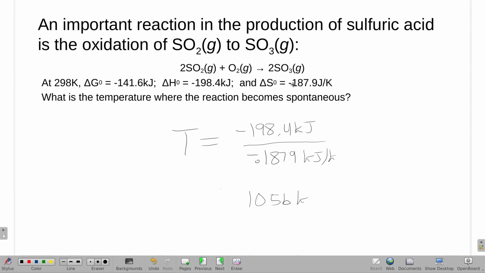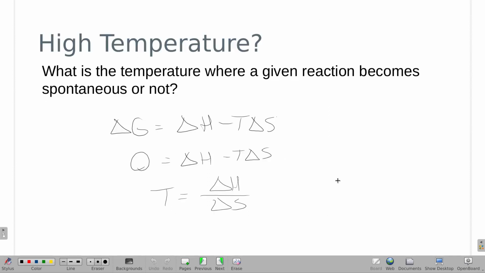Since this is negative and negative, any temperature from 0 Kelvin to 1056 is spontaneous. Anything above that is non-spontaneous, which is kind of weird. High temperature in this case is about 1,000 degrees Kelvin, which is really hot.